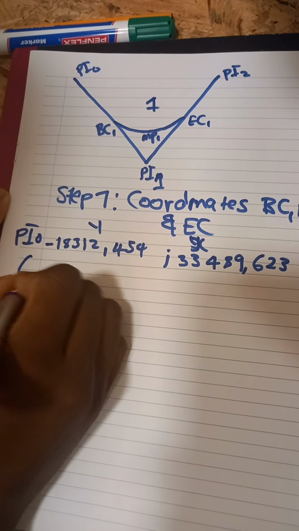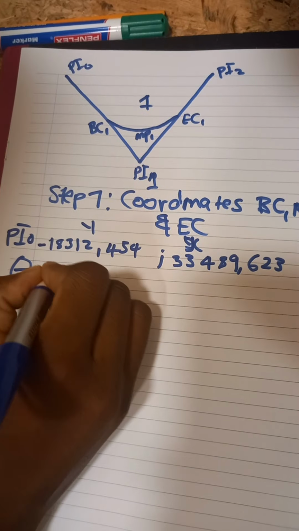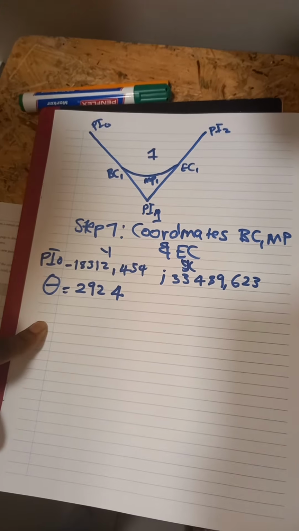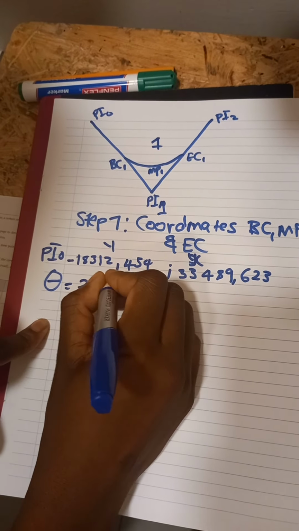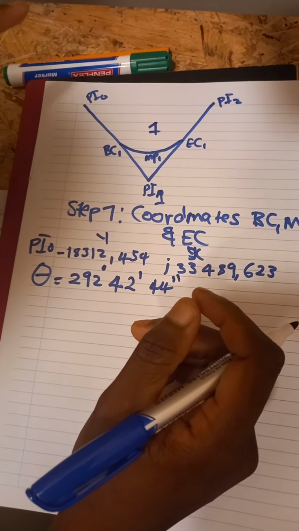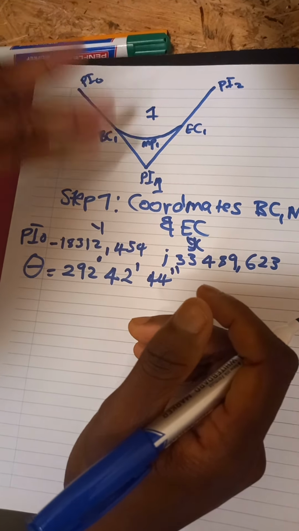We need the bearing. The bearing from PI 0 to PI 1 is given as 292 degrees 42 minutes 44 seconds. The direction from PI 0 to PI 1 is the same as the direction from PI 0 to BC1.